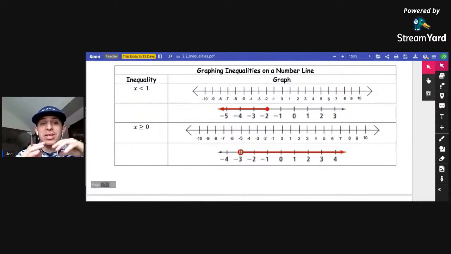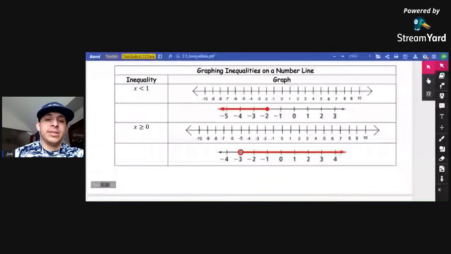But we can also have an infinite number of wrong answers as well, right? So had I said 0, well, 0 is definitely not less than negative 7. It's greater. So we want to make sure that we shade in the proper direction. And if you notice, we have a closed red circle and an open red circle, and they mean two different things.